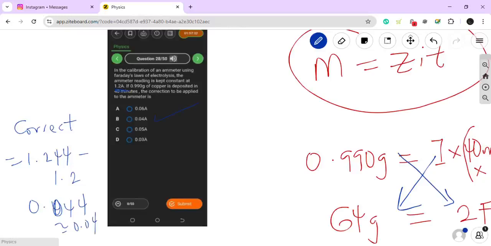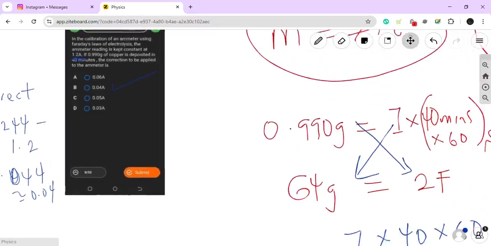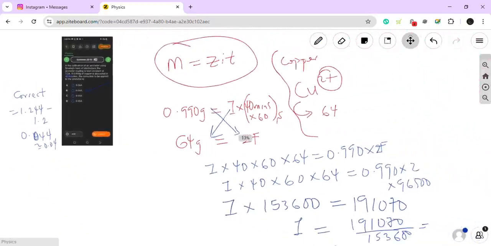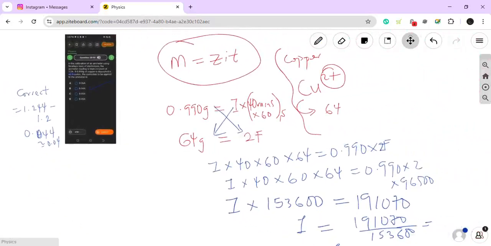This is it. But most times they used to tell us what the relative atomic mass is, because some of them use 63, and some used to use 63.5. So maybe when you are less busy, this place where I put 64, let's check if it is 63.5.